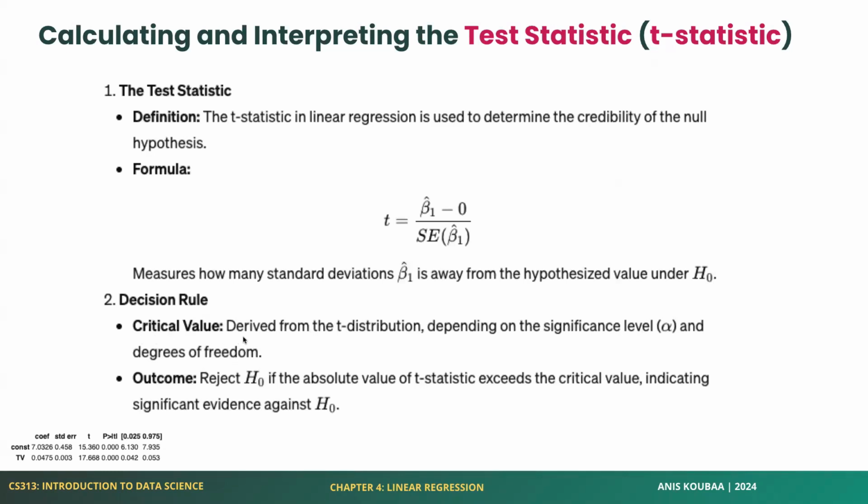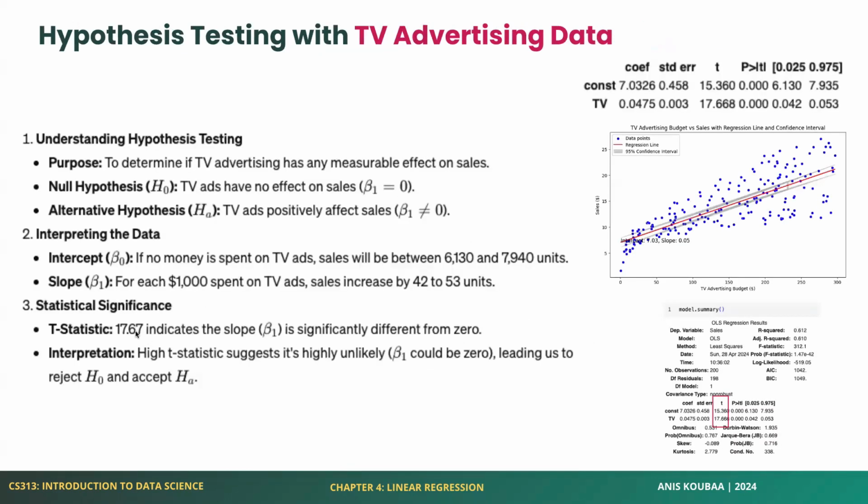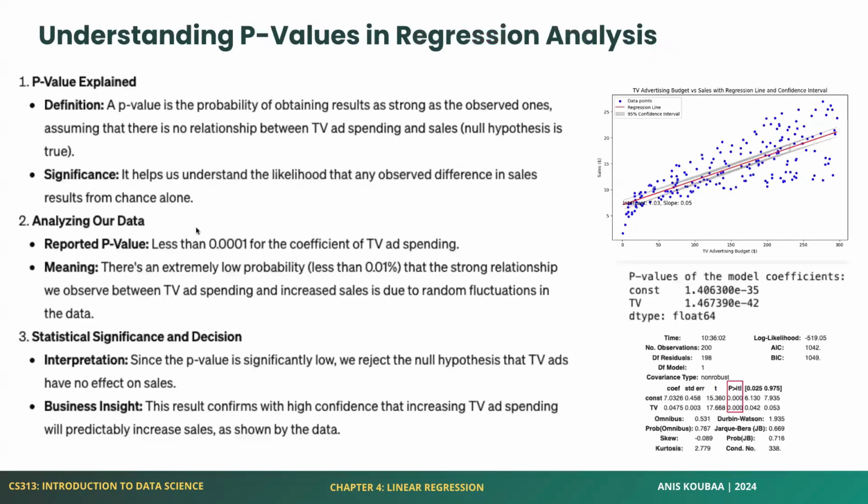So the critical value is derived from the T distribution, and it depends on the significance level. And usually if the value of T is very high, like in our case, we are going to reject the null hypothesis and accept the alternative hypothesis. Another metric that is used in regression analysis is called the p-value.